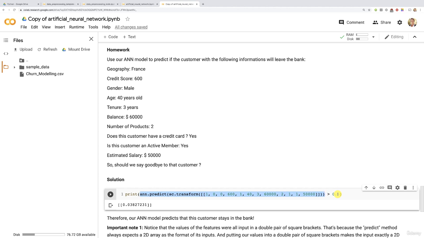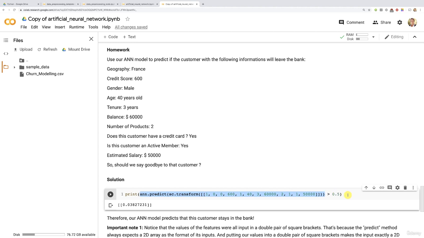So we'll consider it to be 1. However, if the predicted probability that the customer leaves the bank is below 0.5, we will consider it to be 0. Of course, you can choose a different value of the threshold, especially when you have a critical outcome for a critical decision. In that case, you can, for example, increase the threshold. But here, let's just pick the default value 0.5. This totally makes sense for our case study.